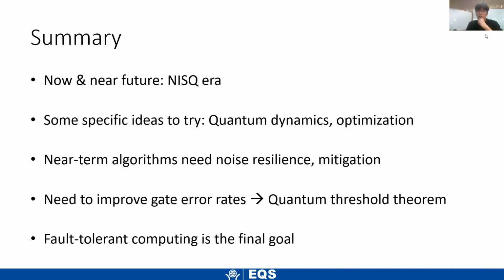And in order to improve the hardware, we need to improve the gate error rates so that when these error rates are below some threshold, we can use quantum error correction to arbitrarily lower the error for the logical qubits. In doing so, we want to eventually achieve fault-tolerant computing.